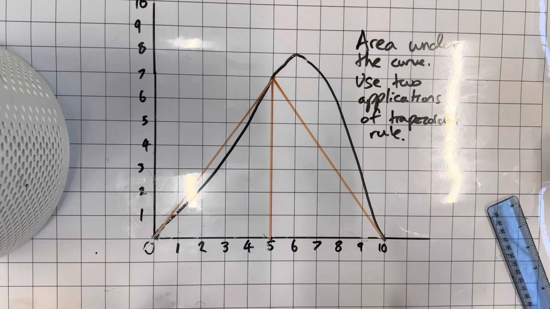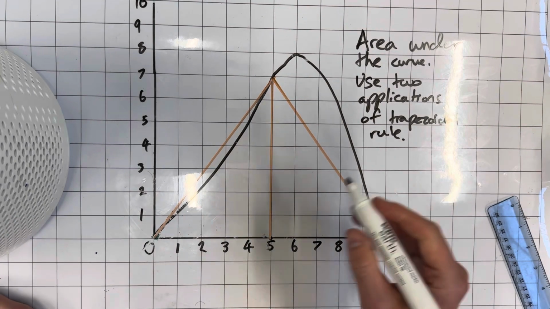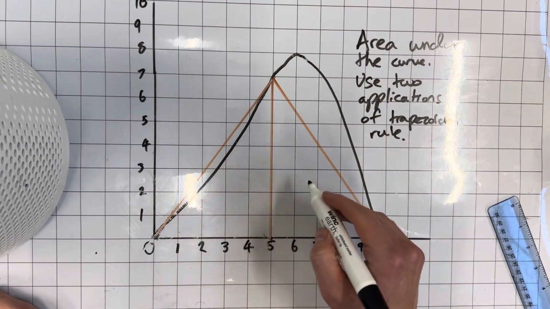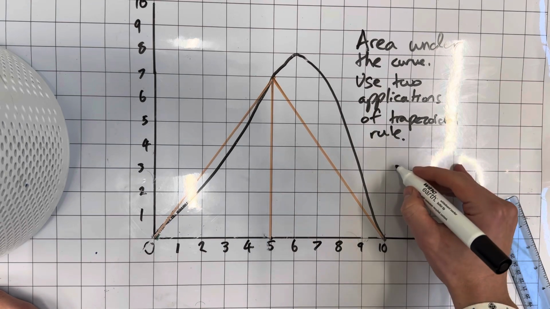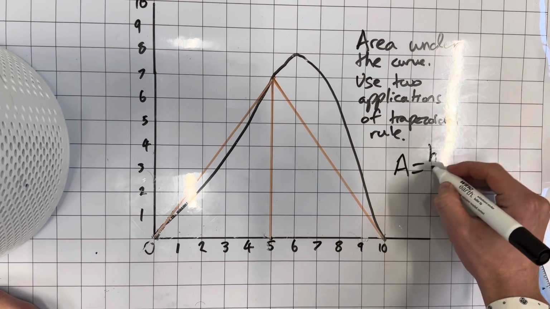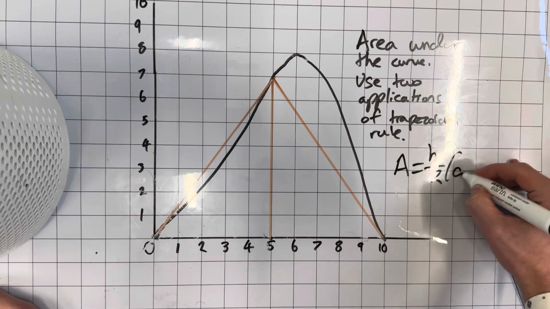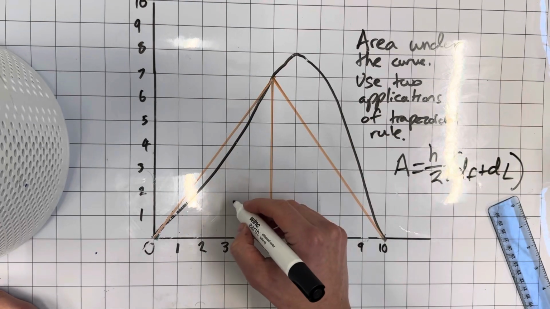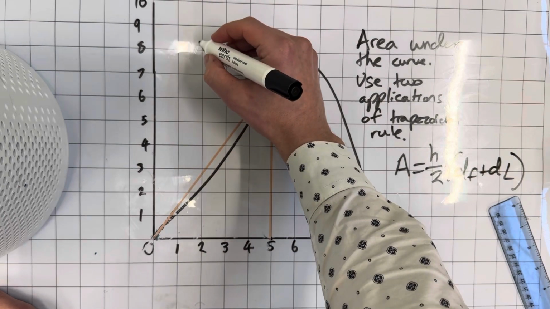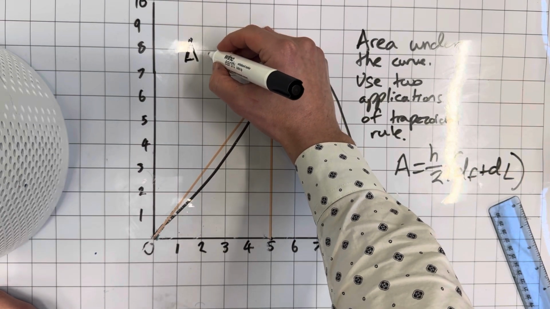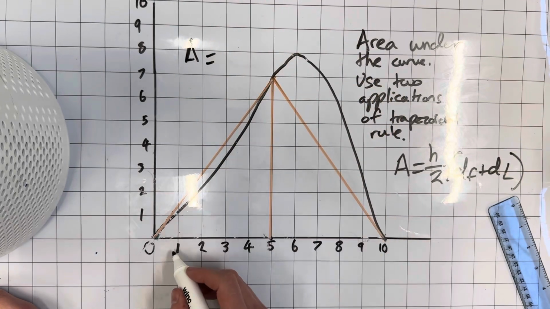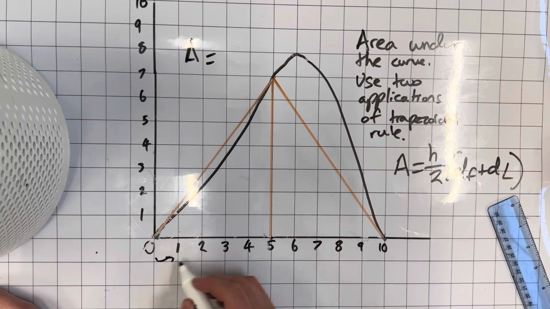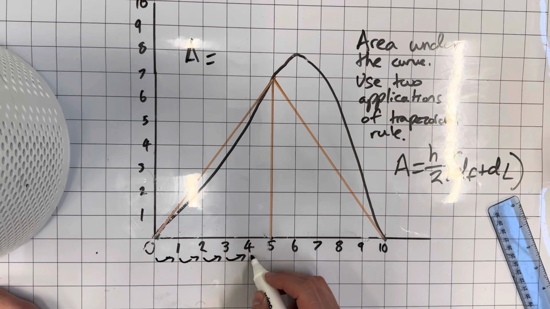Now, for this example, we now need to find each of the different sizes in here using the formula. So first up, the formula is A equals h over 2, your first line plus your last line. So let's do shape number 1. Shape number 1 will be area equals, now h is going to be 1, 2, 3, 4, 5.